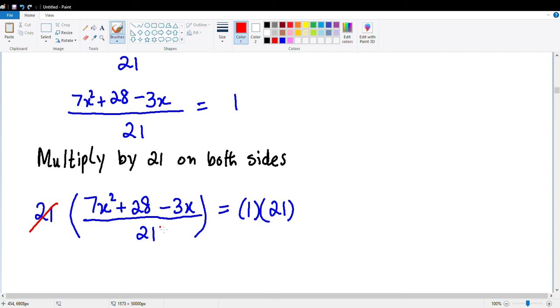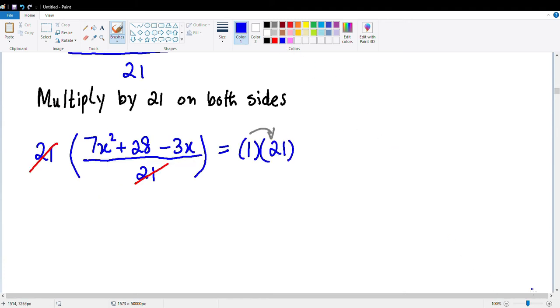The 21 and 21 cross out, and we have 1 into 21, which doesn't really make a difference. Anyway, we'll get 7x squared plus 28 minus 3x equals 21.